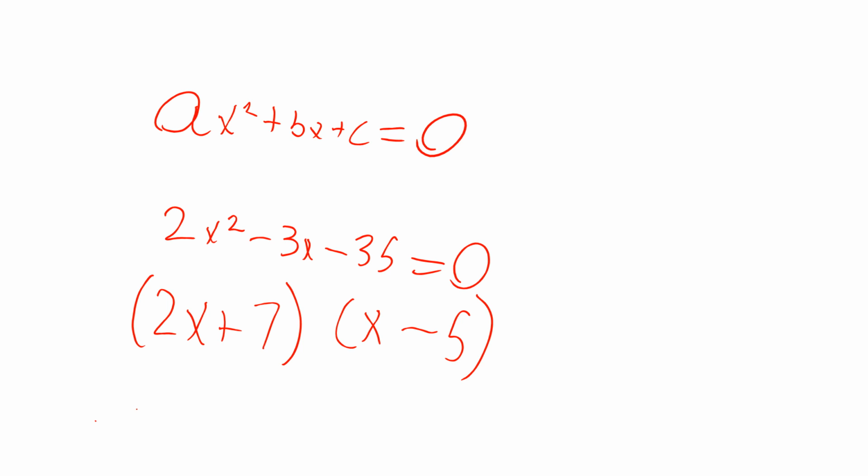They multiply to negative 35, so we know our factorization is correct.